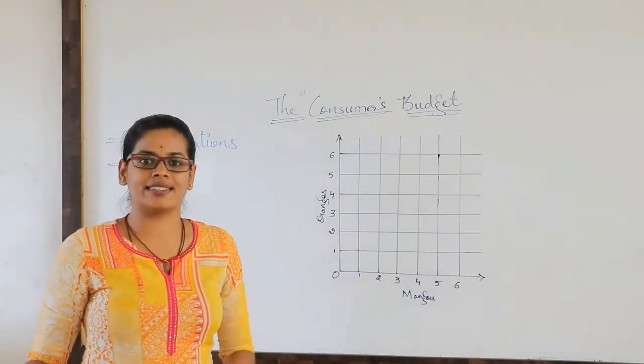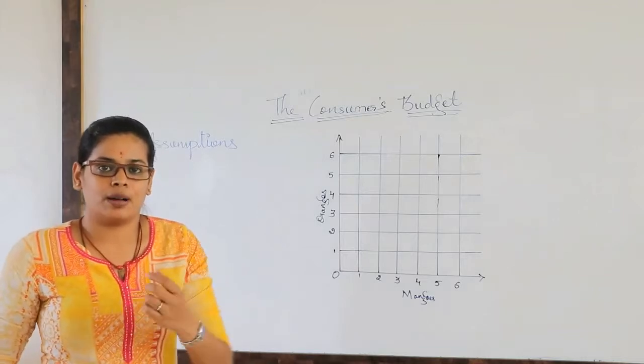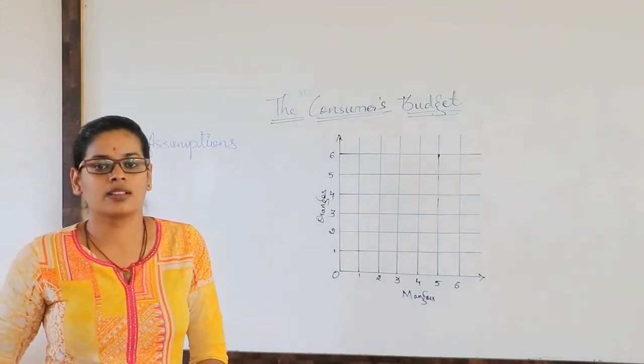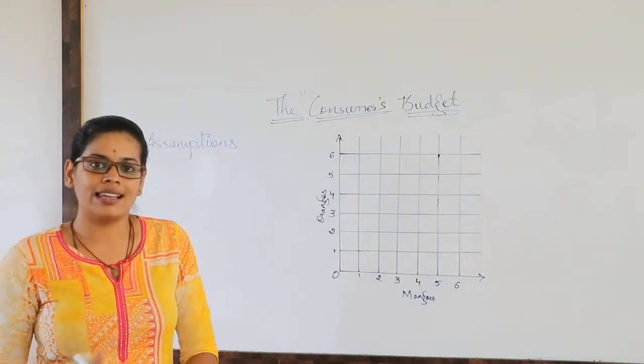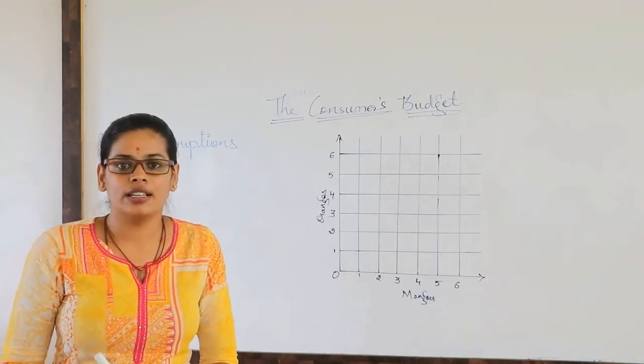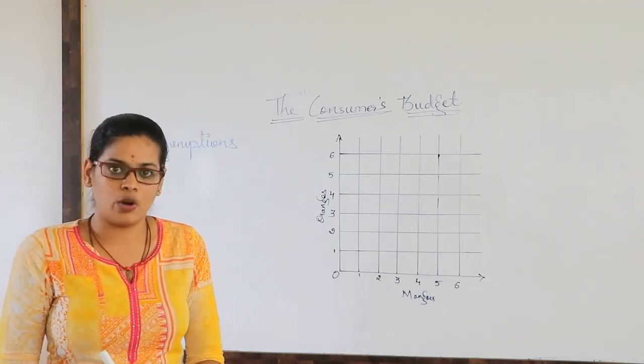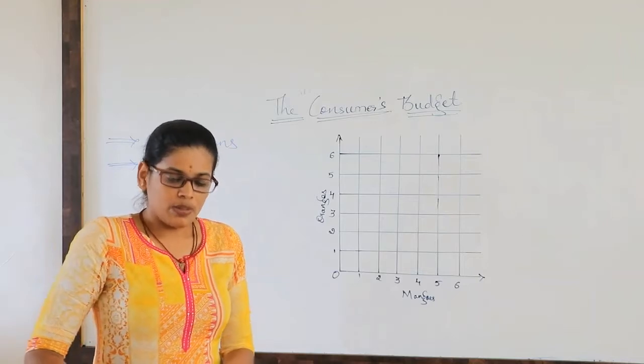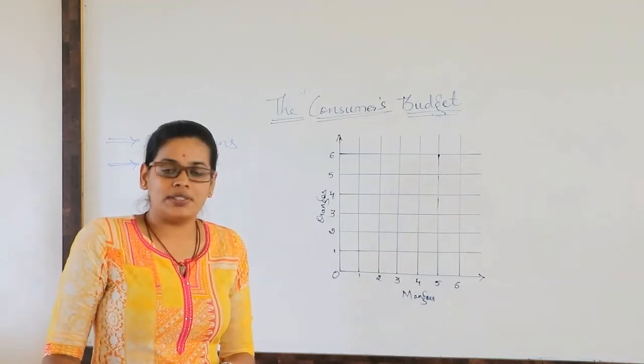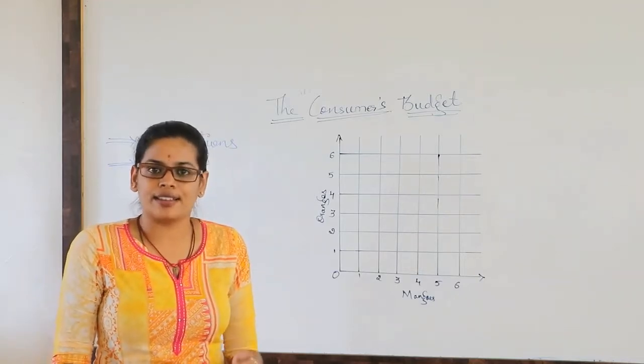Today we will be discussing the next point, which is the consumer's budget. In the last class we have discussed ordinal utility analysis. I hope you all remember, right? What we discussed in the last class is the indifference curve.